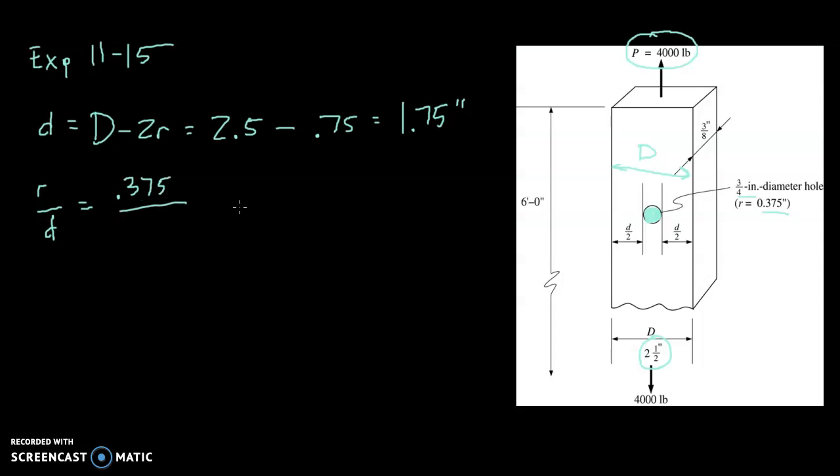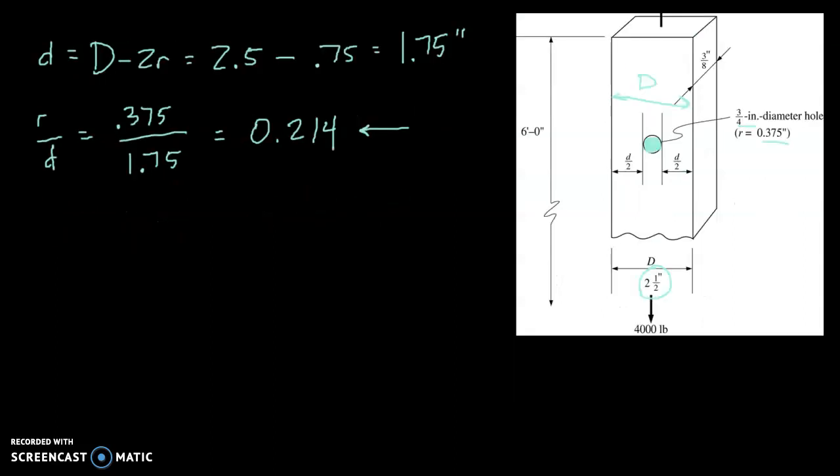The net width we just calculated as 1.75. And so 0.375 divided by 1.75 gives us 0.214. Now, a mistake I sometimes see is students thinking that this value is equal to K. It's not. This is just R over D.